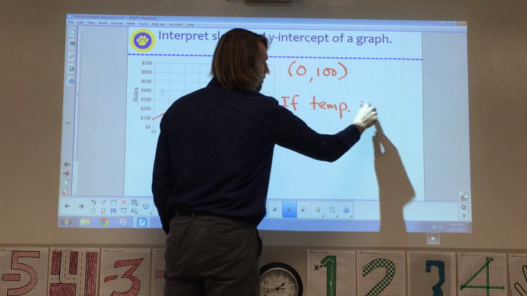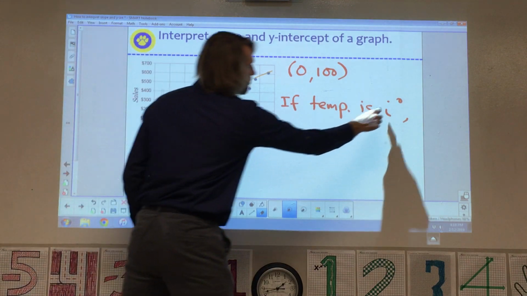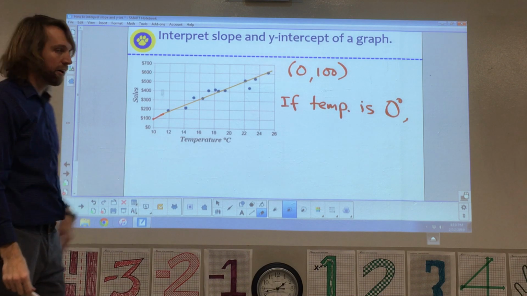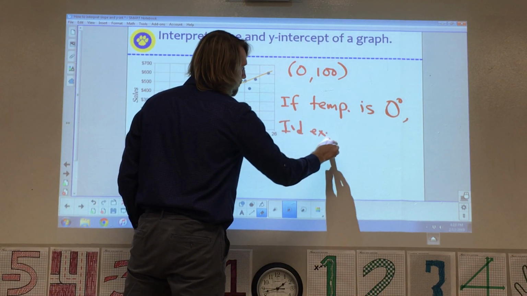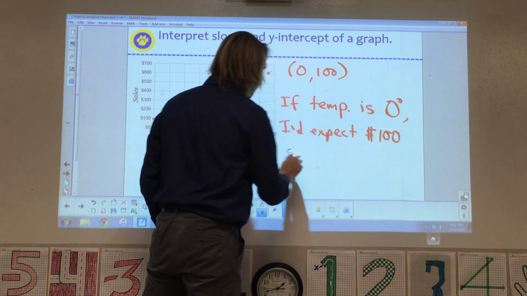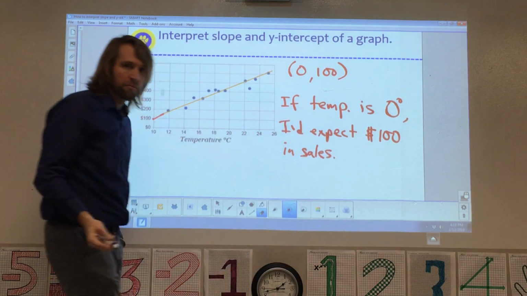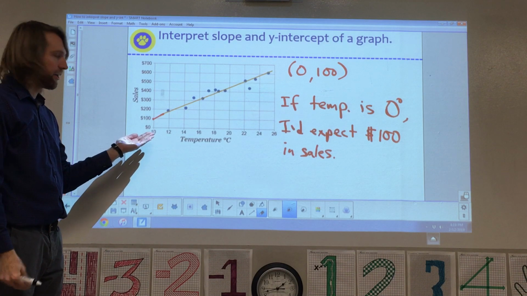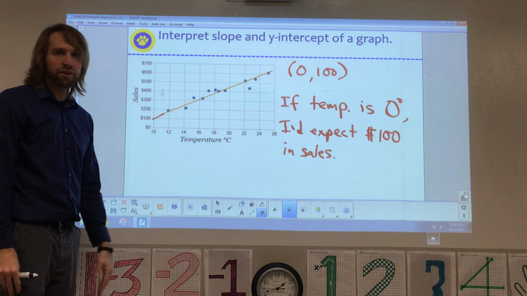If temperature is 0 degrees, then I would expect $100 in sales. Again, I don't even need to say the numbers. I could say the y-intercept is when the temperature is 0, I guess I want to say that number. When the temperature is 0, it's the amount of sales I would expect.